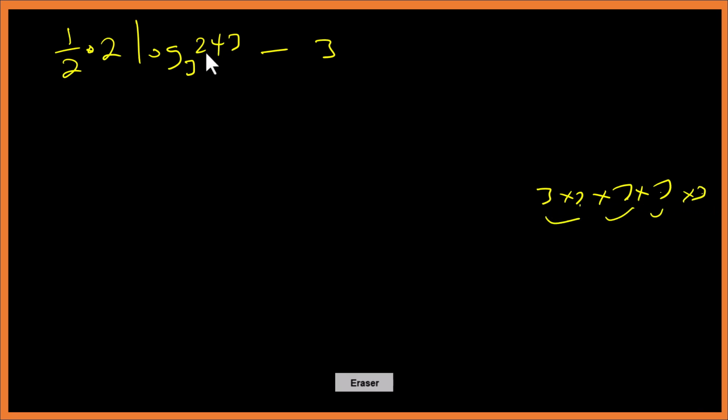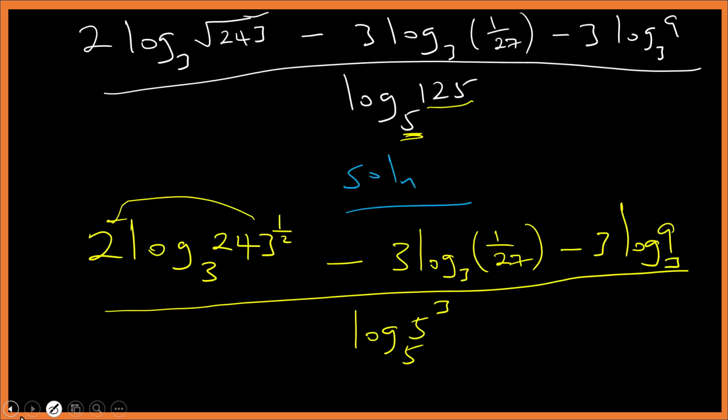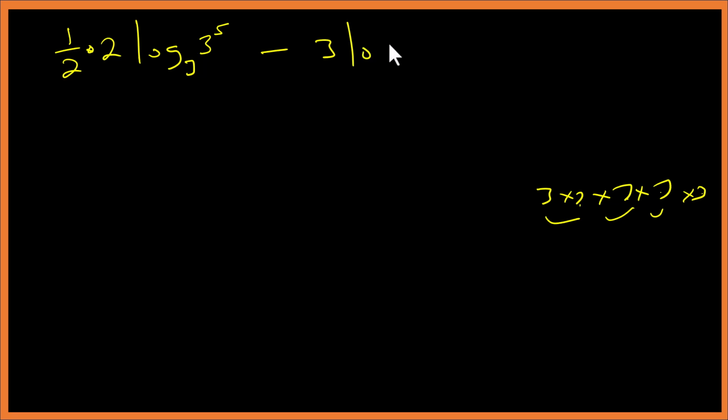So we have 3 to the power 5. So 1 on 3 to the power 3.